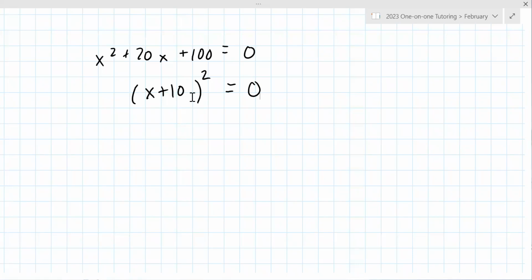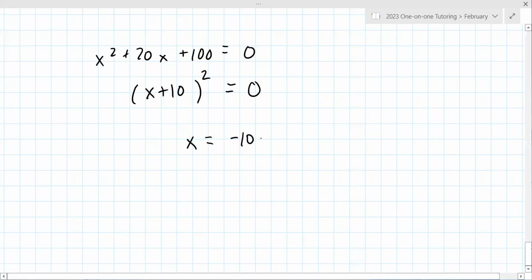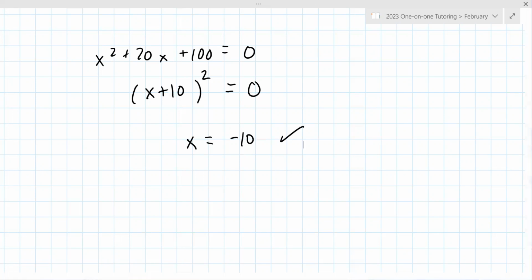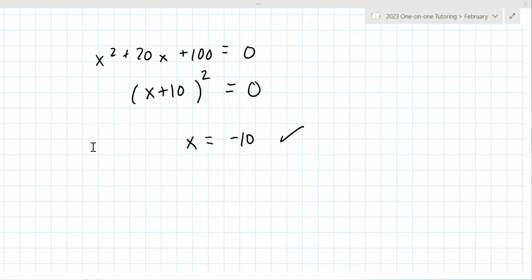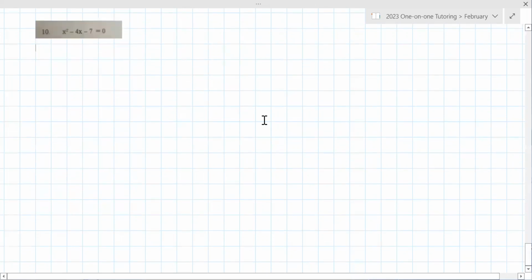X equals minus 10. You got it. All right, so let's look at 10 together. Actually, let me have you do 11. We'll do 10 now. We'll just do them in order. There's no benefit here.